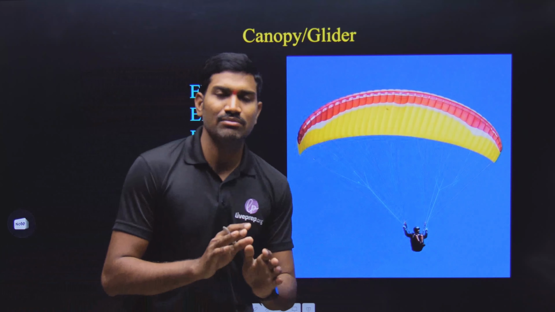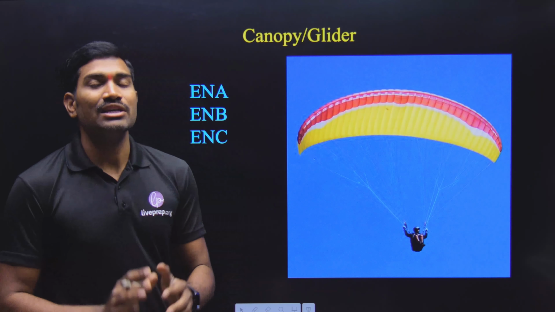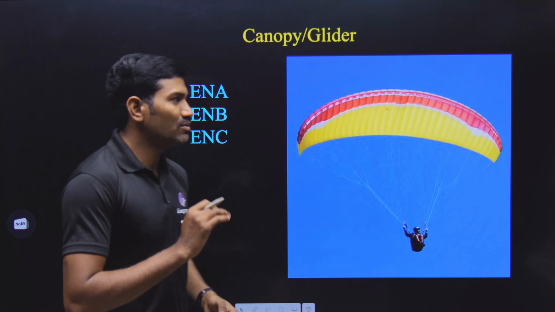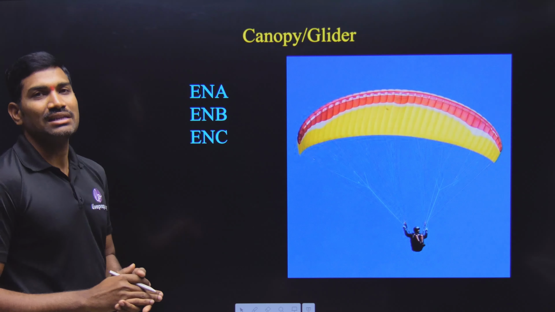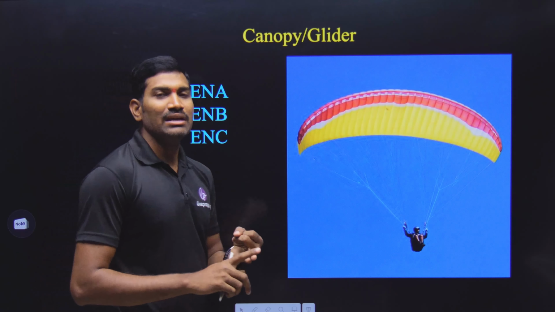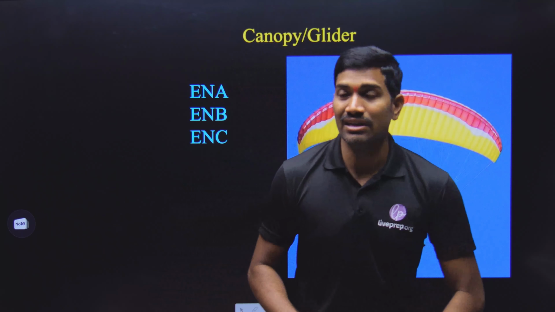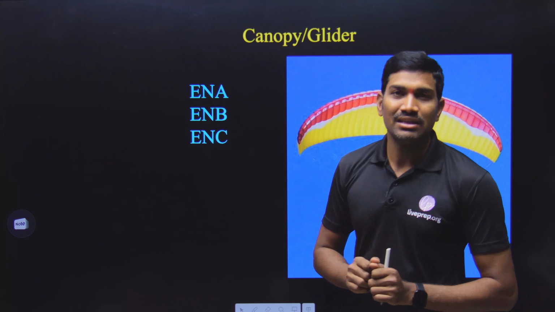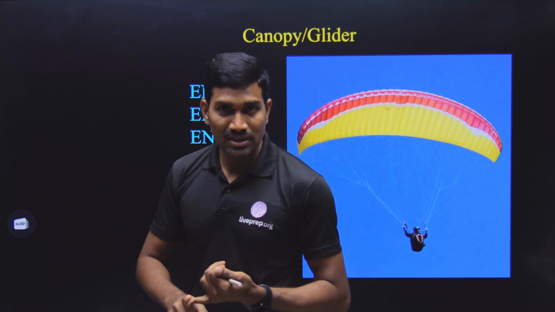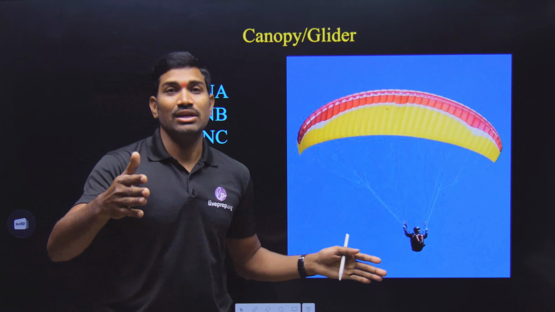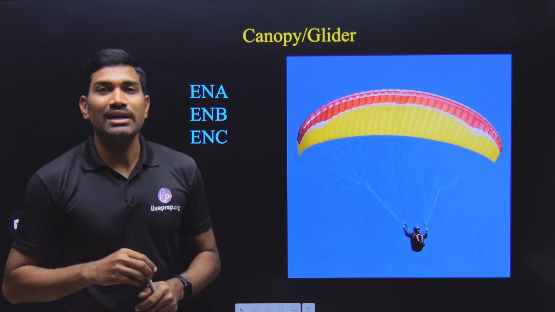From here onwards, I will simply tell you what type of things you need to search on the internet and watch on YouTube. Now let us see. Different types of gliders, European norms A, B, C. What is the difference between these gliders? Is there any difference with respect to size, squad length, glide ratio? What is the glide ratio here?